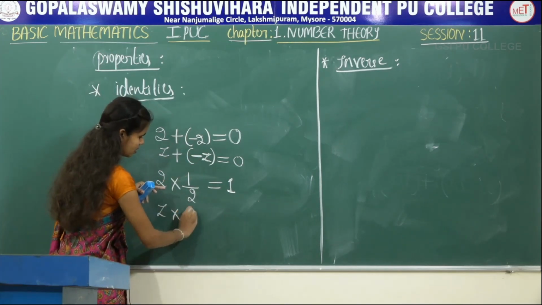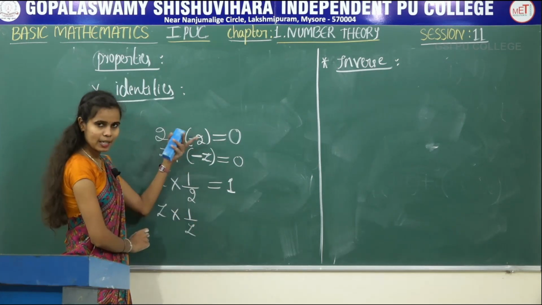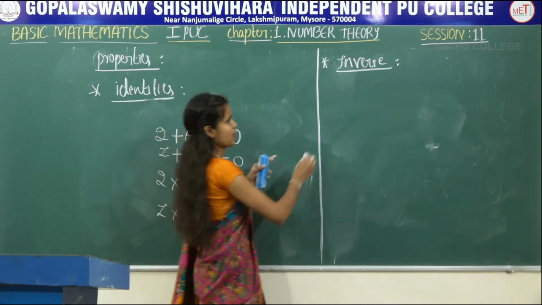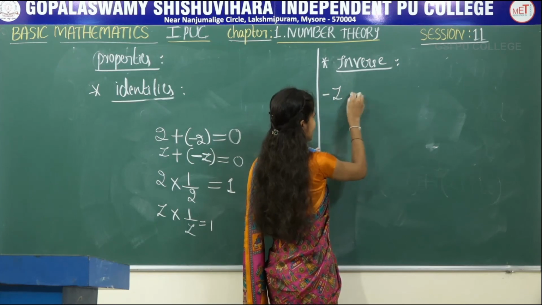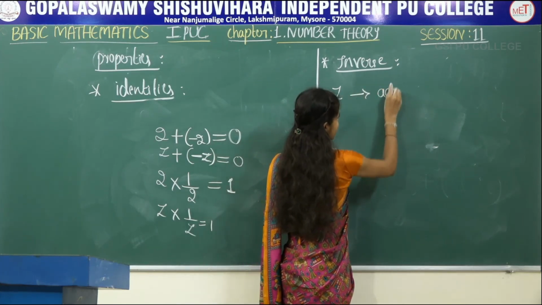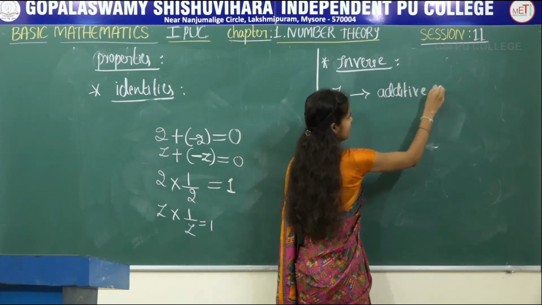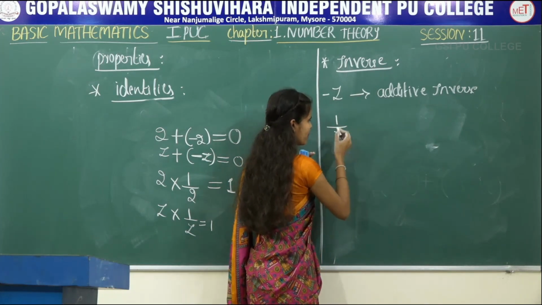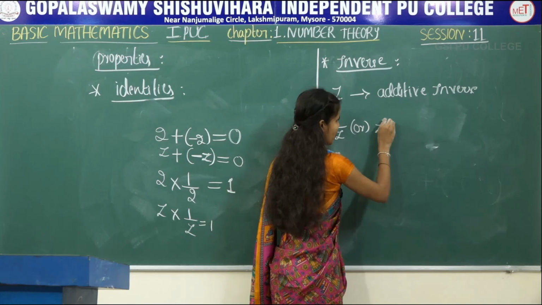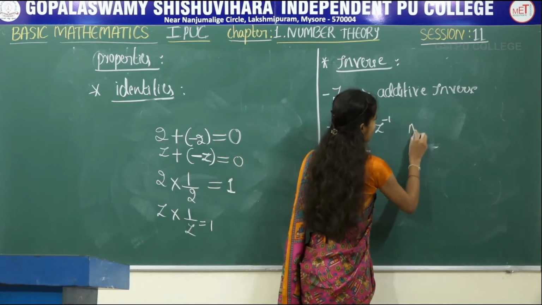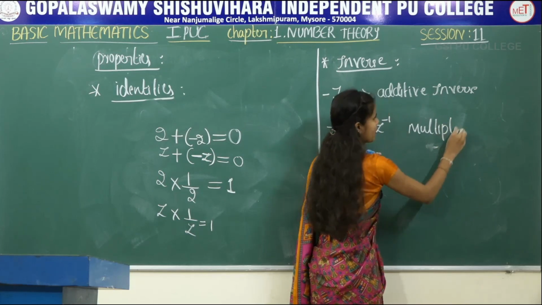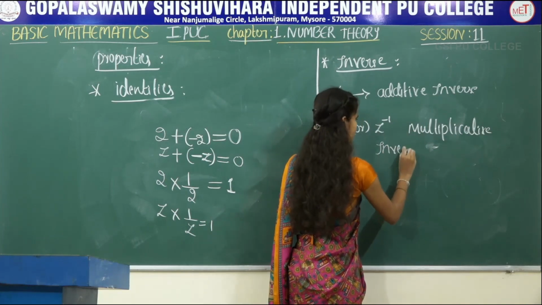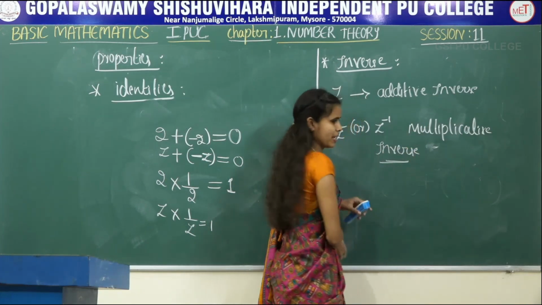So for a complex number z, minus z is called the additive inverse, and 1 by z, also denoted by z to the power of minus 1, meaning z inverse, is called the multiplicative inverse.